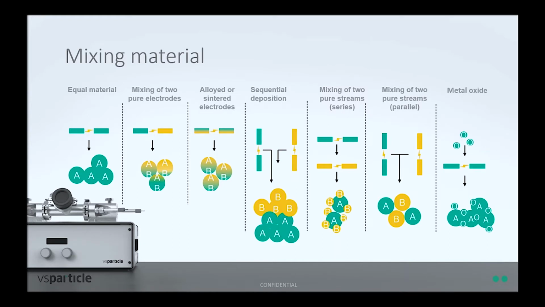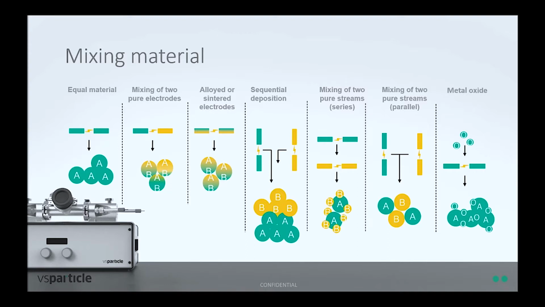If you have a second G1 integrated in the setup, this will allow you to have even more freedom with the different materials. So you can do sequential deposition, where you first print one layer of material and on top of it another layer, or you can mix the gas streams in parallel or in series before you deposit them.